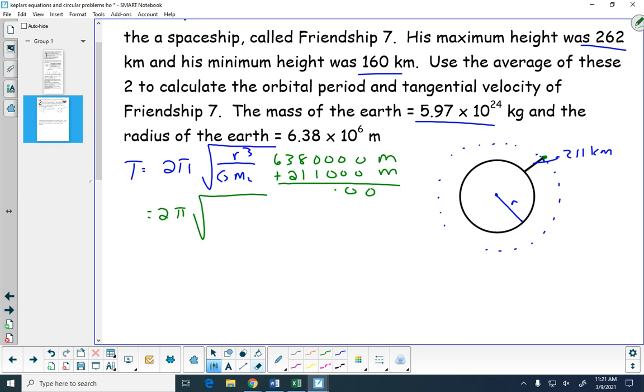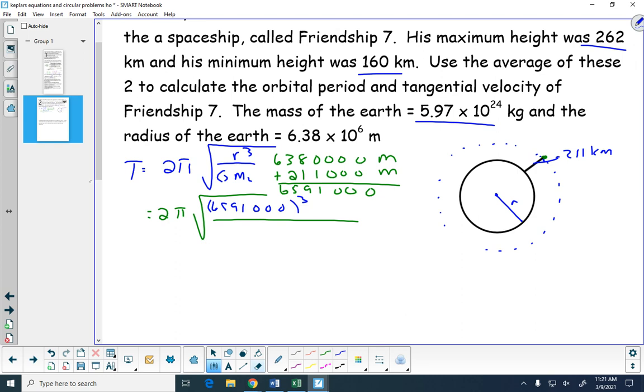So 0, 0, 0, 1, 9, 5, and 6. So on top we have the 6,591,000 to the third power.